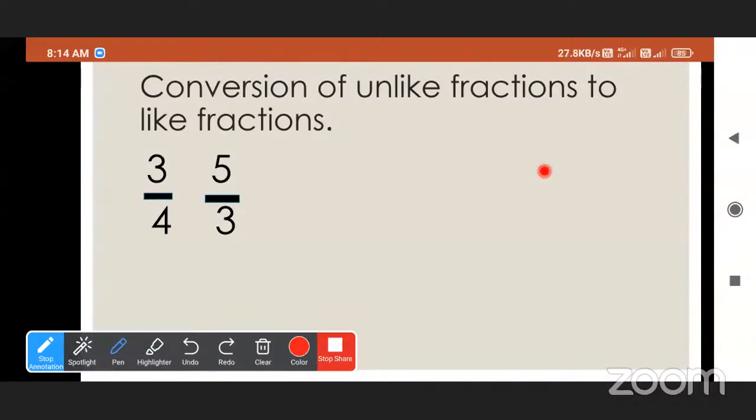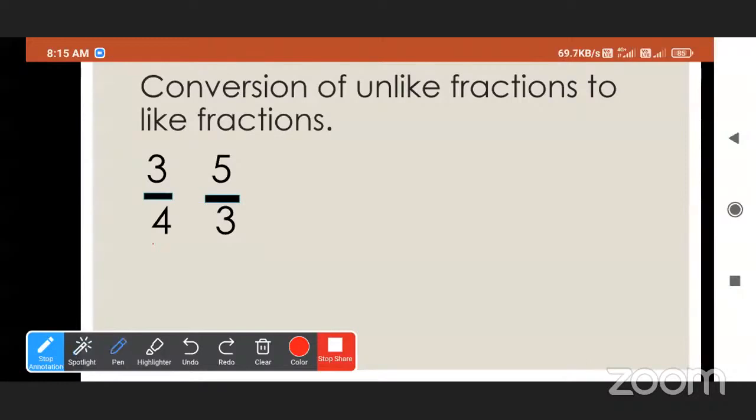Like and unlike fractions means we have to observe both fractions. If the denominators are the same, they are like fractions. But here, the first denominator is 4 and the second one is 3. So these are unlike fractions. We have to convert them into like fractions. So what do we have to do?